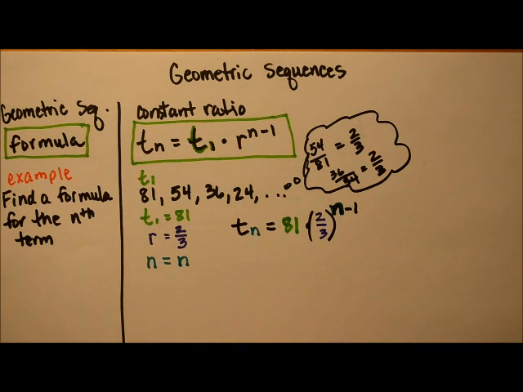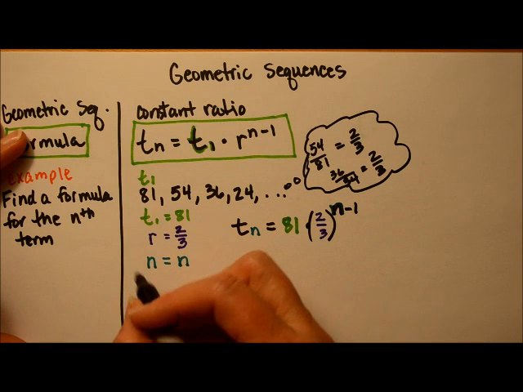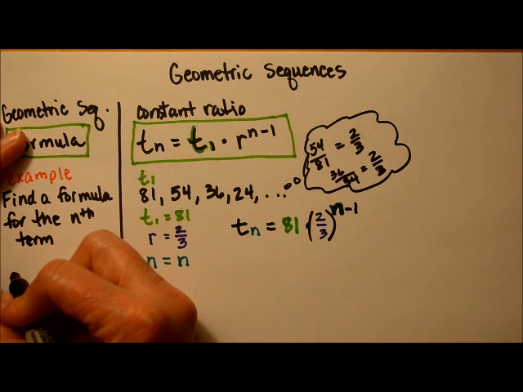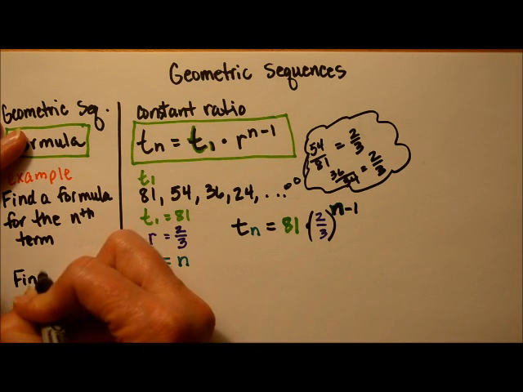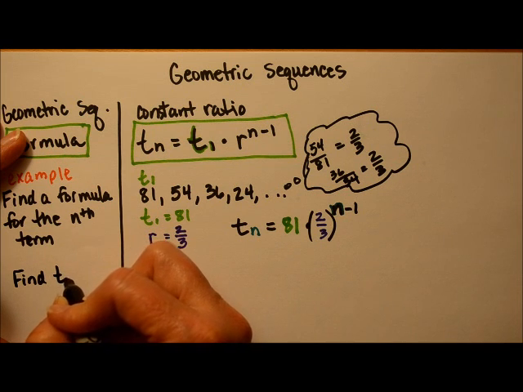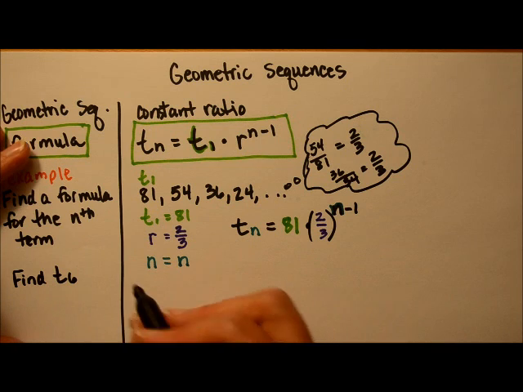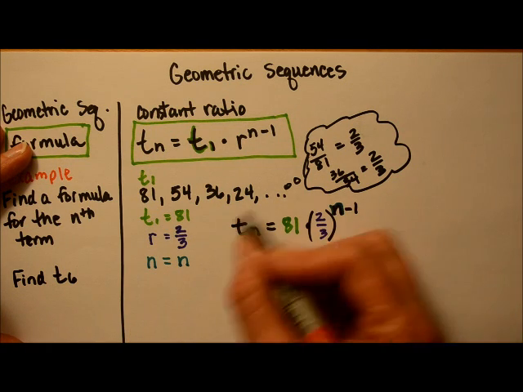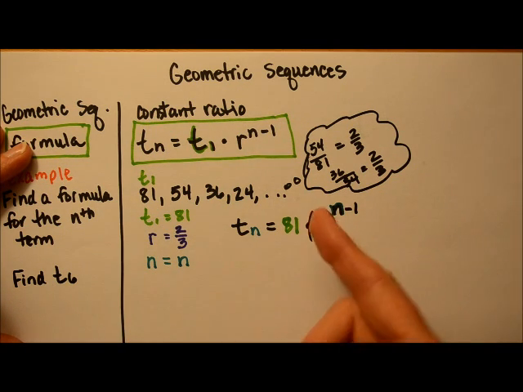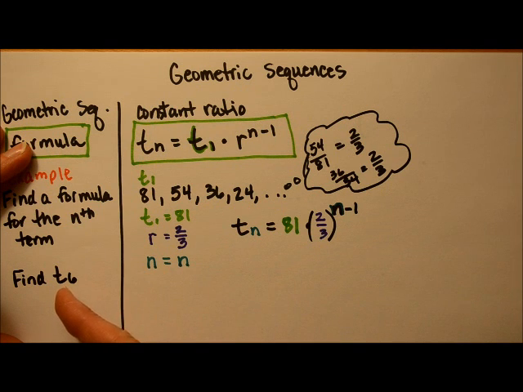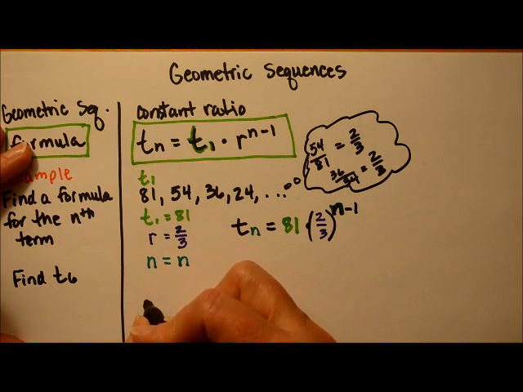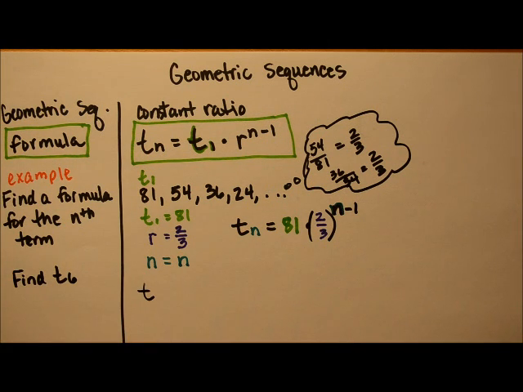I'm not going to go to the 17th because that's crazy, but I will go to the 6th term, so find T6. Okay, for this one. All right, well, I'm just going to use this, and instead of n, I'm going to use 6, right? So T6, and that 6 becomes my n.